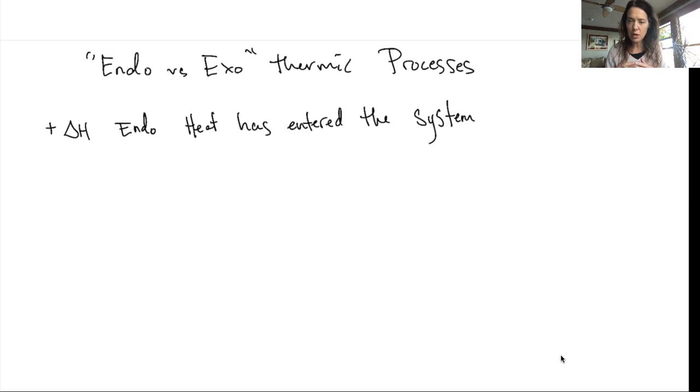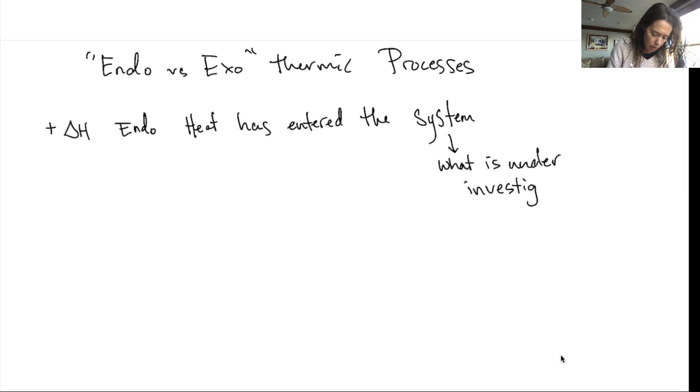It could be the chemical reaction. It could be a physical change. The system is what is under investigation. We cannot directly measure the system. We can't get into the bonds breaking and forming, if you will.